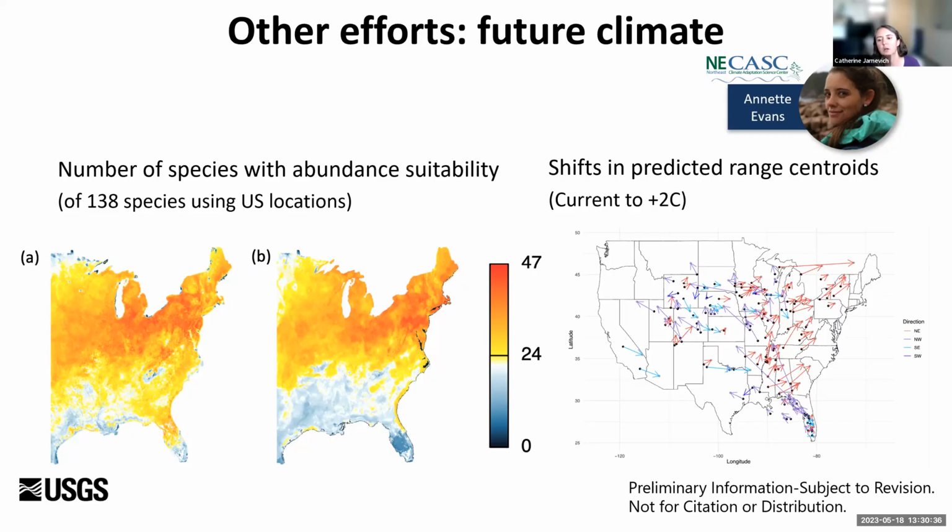And so a lot of species are shifting their ranges to the north and east. And with this information, there's now some county summaries available on EDDMapS from this work showing where species are now and where they might be with this 2 degree C shift.